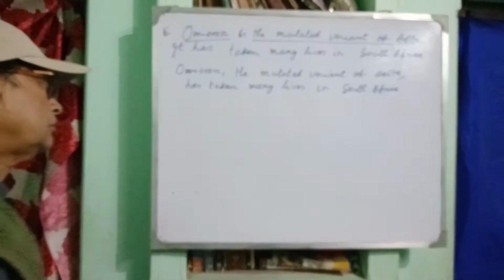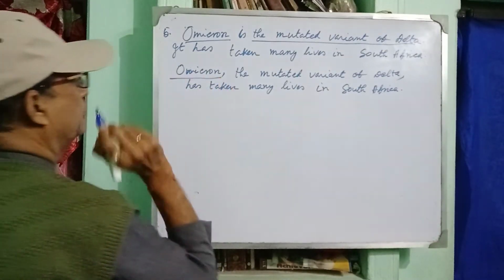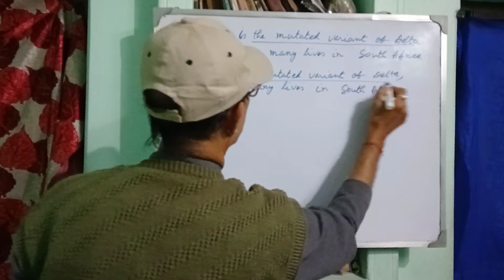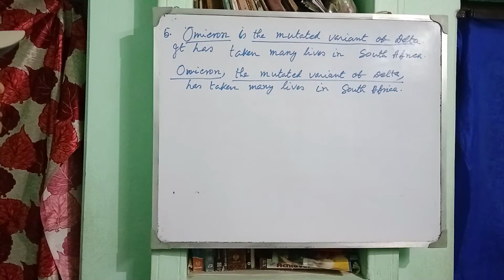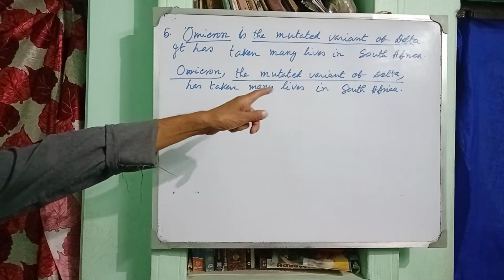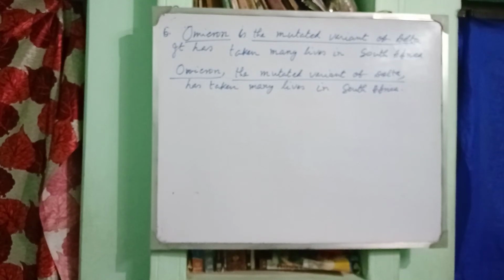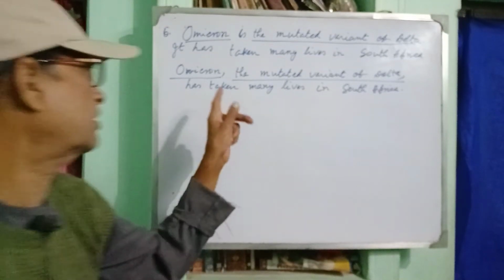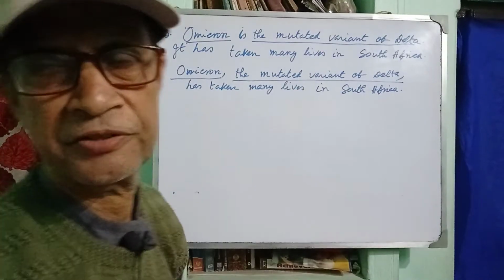Okay. So Omicron is noun and the mutated variant of Delta is the noun phrase and suggests the same virus.